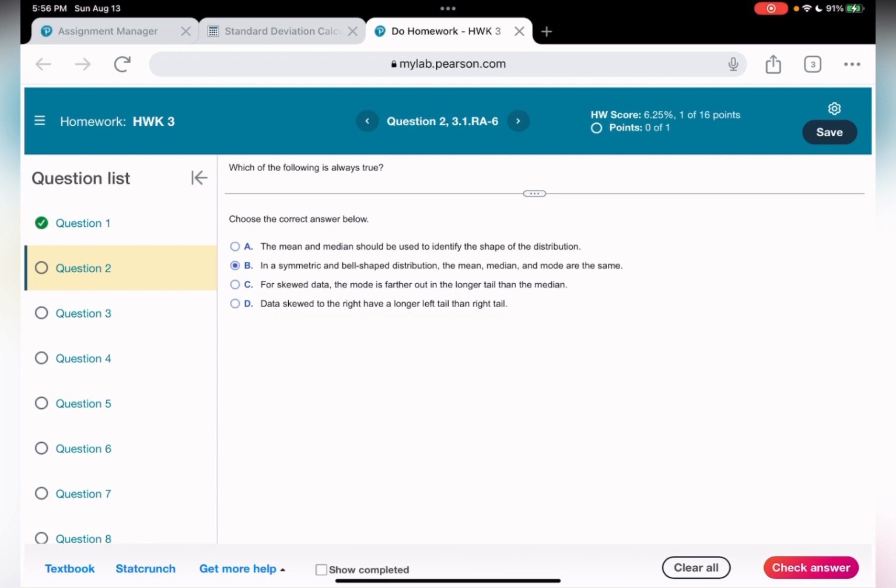No. So this is 100% false information. In the symmetric one, the mean and median should also be used to identify the shape of distribution, but what if we have a uniform distribution? Then that case is not going to work. So the best is going to be answer B, that when we have a symmetric bell-shaped distribution, then the mean, median, and mode, all three measures of center, are going to be the same, and they're going to point to symmetric and bell-shaped.